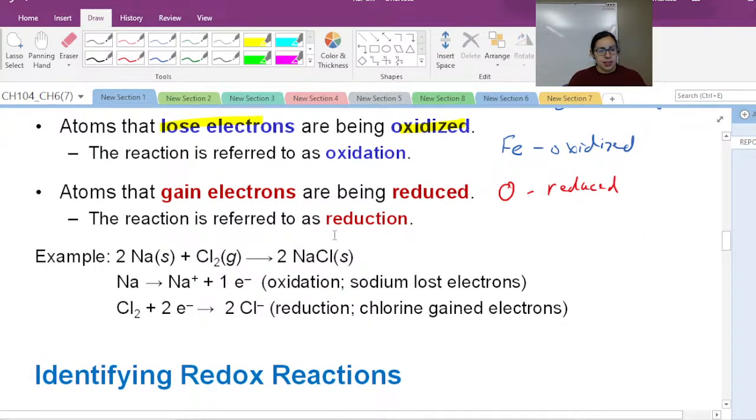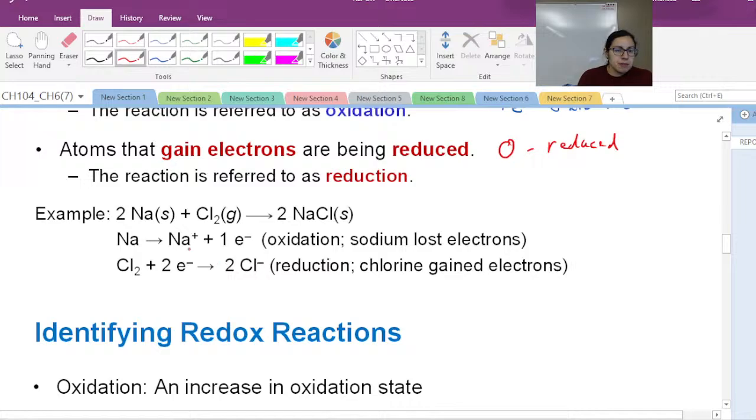And so now we can take a look at this sodium plus chlorine reaction. Everything starts off in its elemental form. So we have sodium metal, a nice piece of solid found in nature by itself. Then we're adding chlorine gas to it, in its elemental form, so oxidation state of 0. And we know in a compound, sodium is going to take a 1 plus oxidation state. Our halogens are always -1.